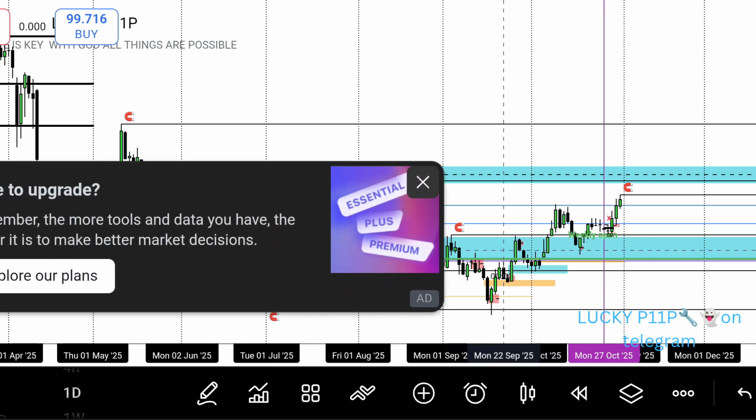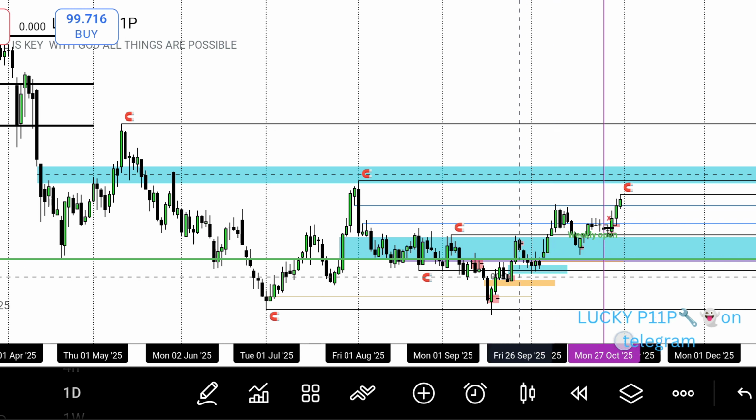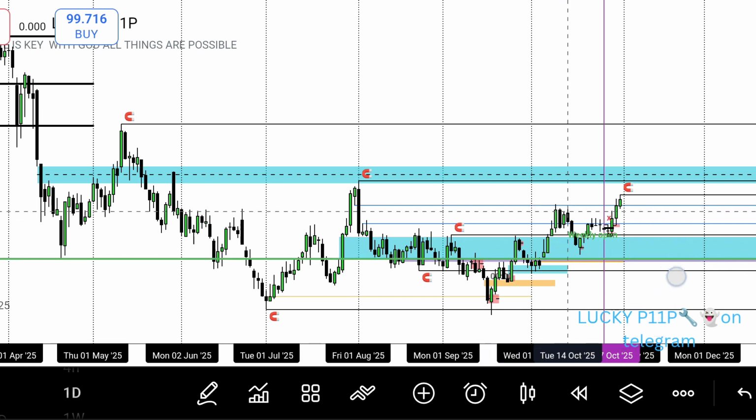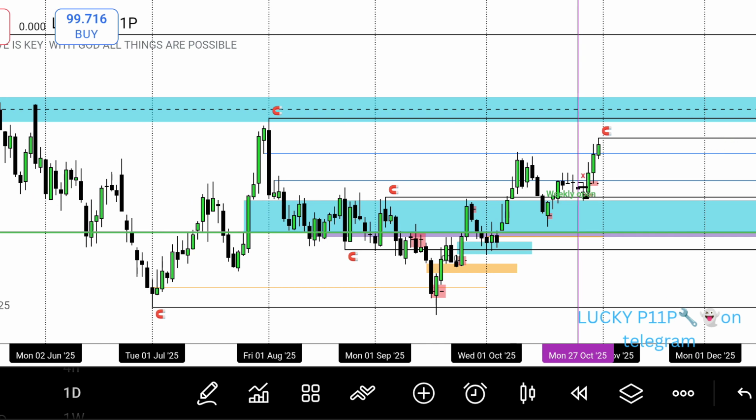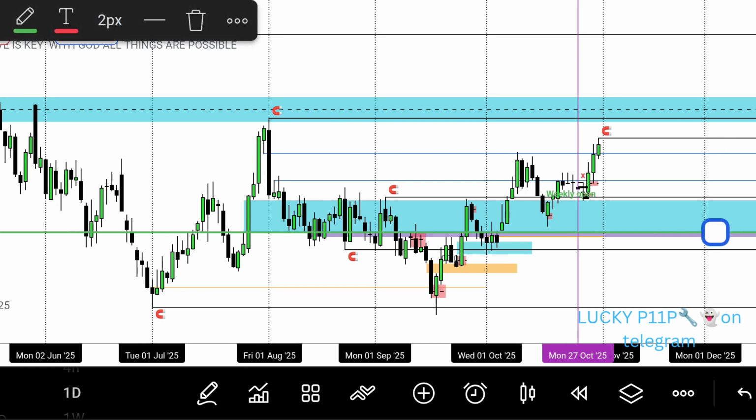Then I already knew that once we trade above this inversion fair value gap, we are going to use it as support to trade to the upside on dollar. So that was my thought process, that was how I came about that BC.